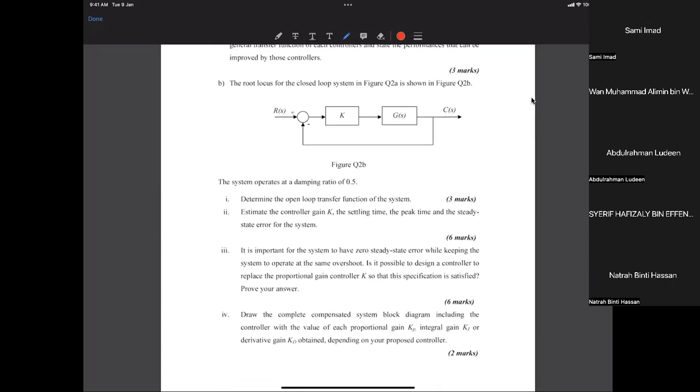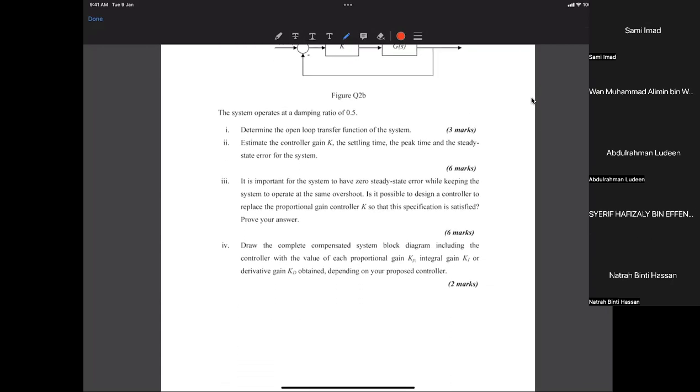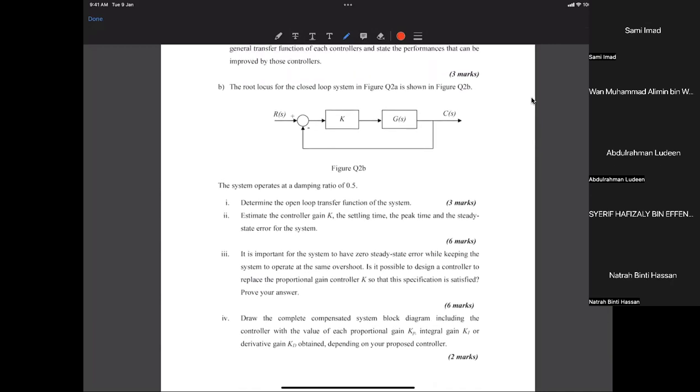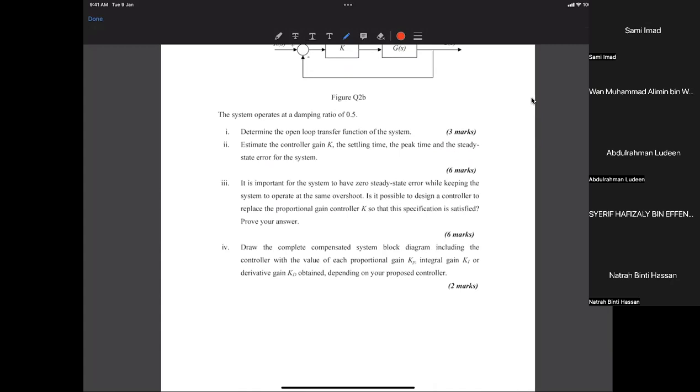B, the root locus for the closed loop system in figure Q2A is shown in figure Q2B. The system operates at a damping ratio of 0.5. Determine the open loop transfer function of the system. Estimate the controller gain K, the settling time, the peak time, and the steady state error for the system.